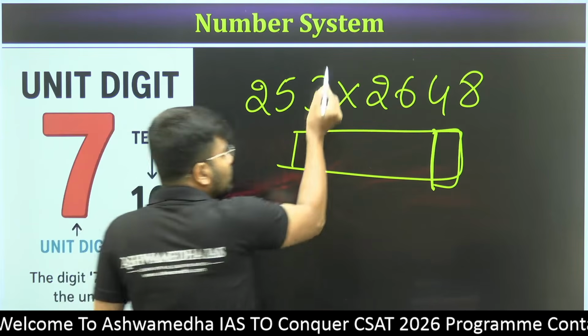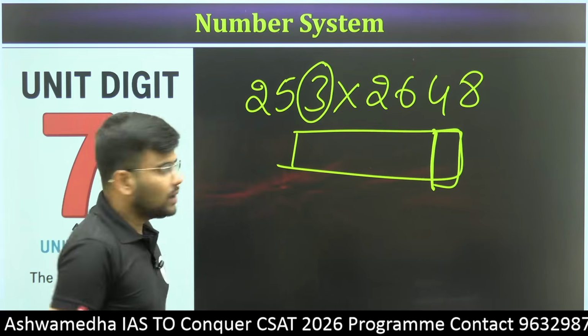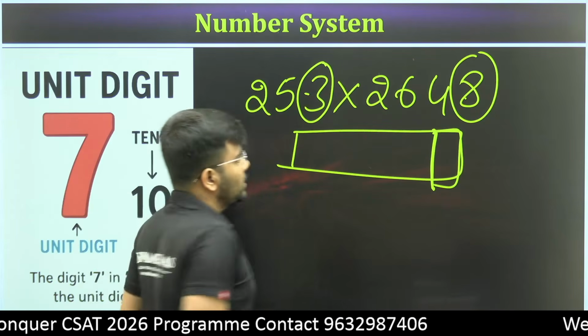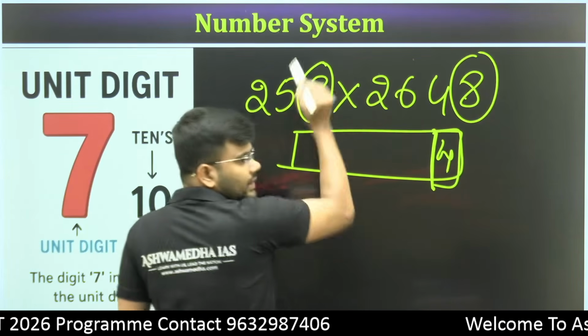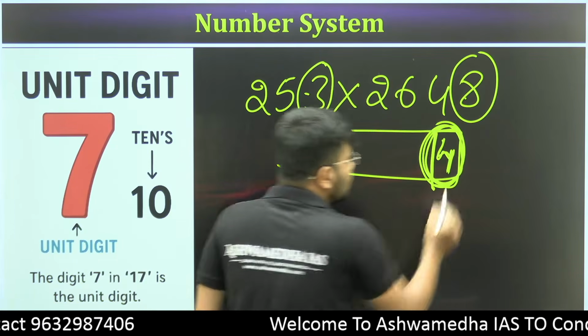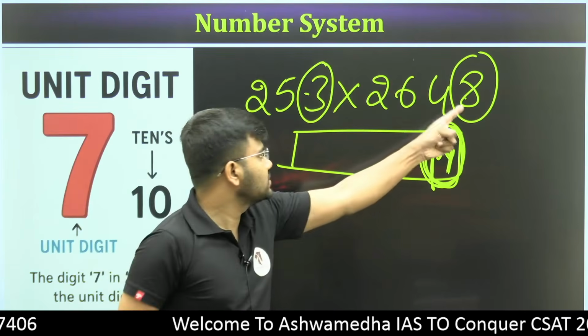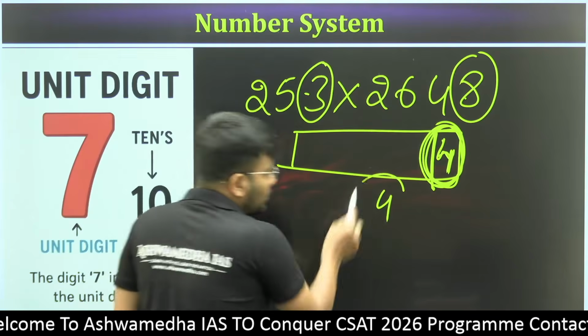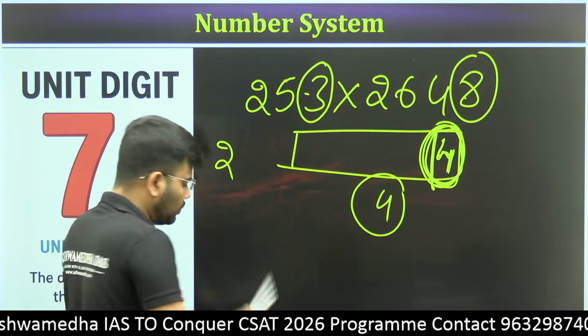That is, what is the digit in this number? 3. What is the digit in this number? 8. 8 threes are what? 24. So here 4, and later we'll carry the 2. Hence the unit digit is 4. You are just multiplying the digits in the unit place. That is, 8 threes are 24, so the unit digit is 4. I hope it is clear.